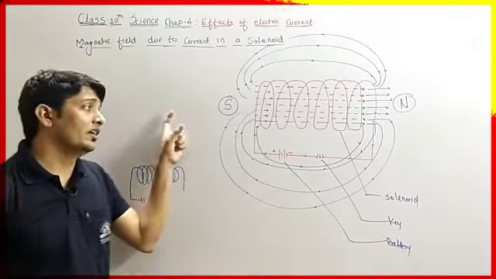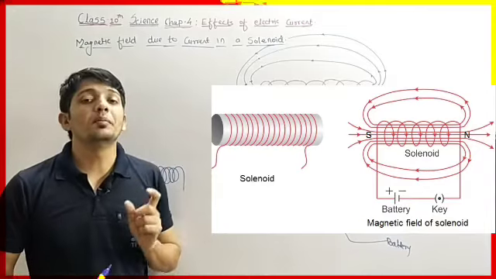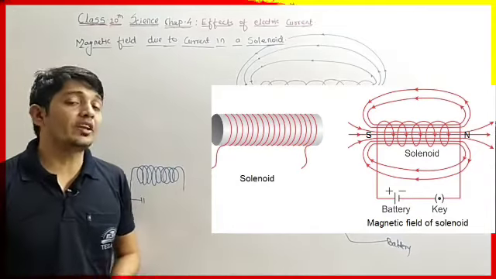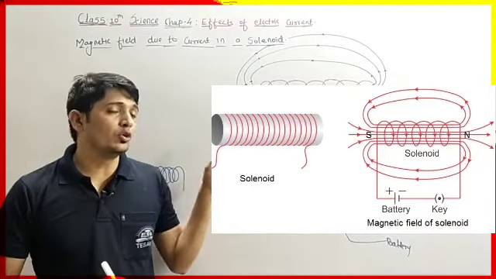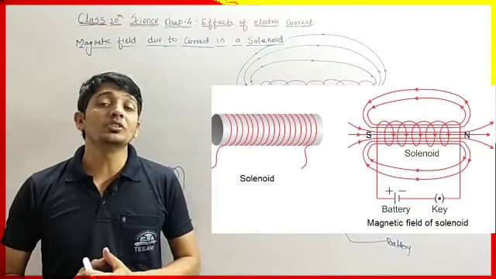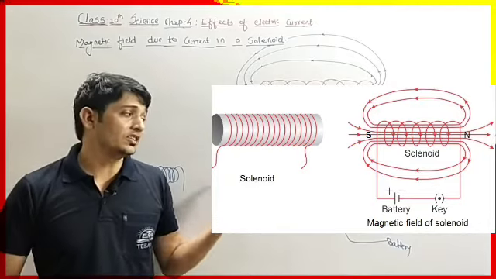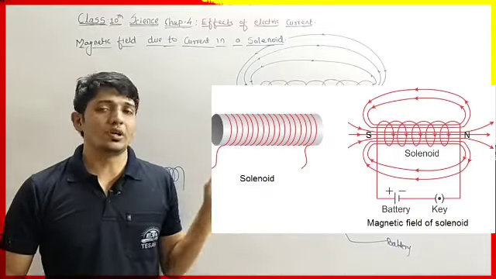So here the magnetic field acts like a permanent bar magnet. We can conclude that if current flows through the circular loop called solenoid, then the magnetic field is produced like that of a permanent bar magnet. This is the effect of electric current through the solenoid.